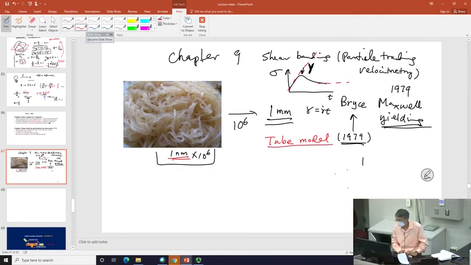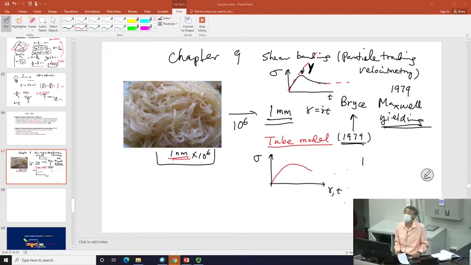This is a molecular model, however. There are two features. We will talk about it in much more detail later, but there are two features that stand out in this model. Number one, it's a good point to talk about. Number one, based on the same physics that I will later explain about shear banding, it predicts overshoot.